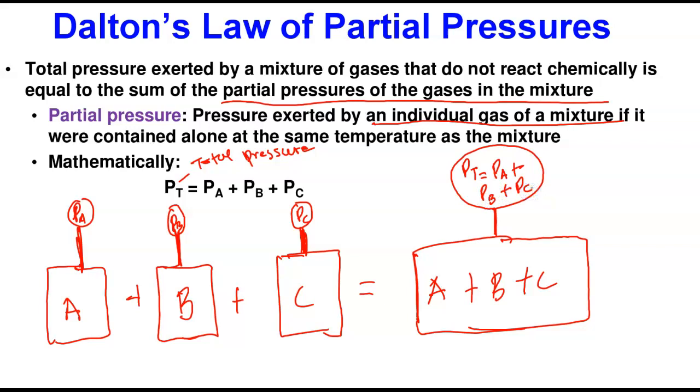And this is what we call Dalton's law of partial pressure, which states that the total pressure of a gaseous mixture which do not interact chemically is equal to the addition of the partial pressures of those gas molecules.